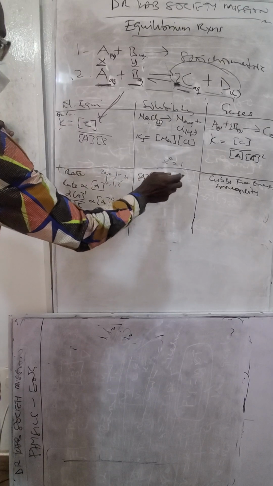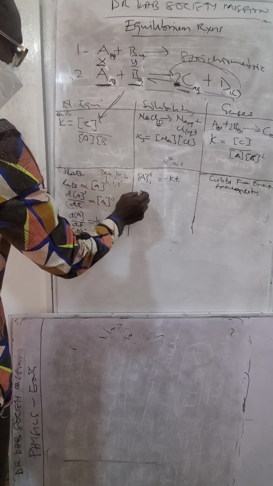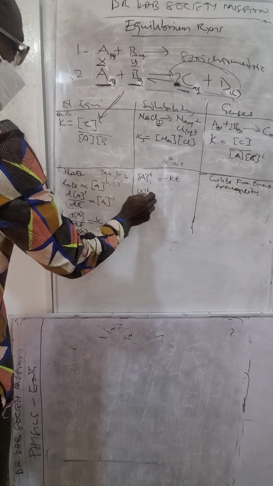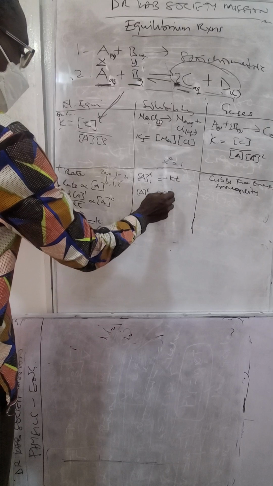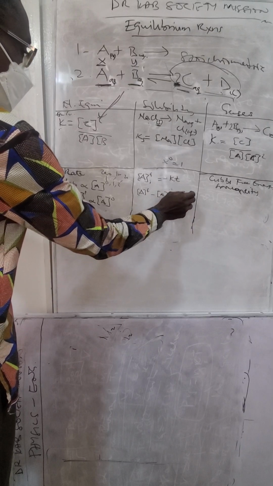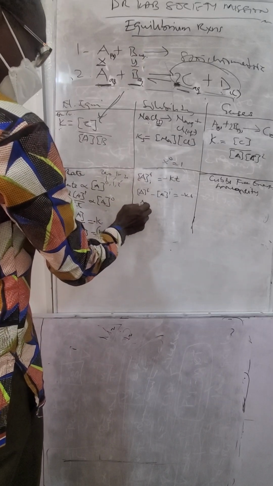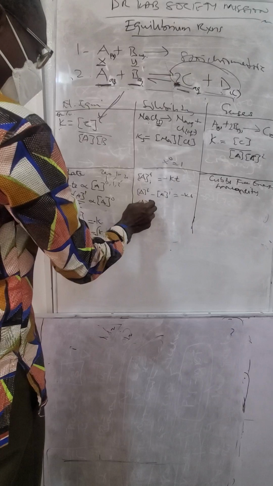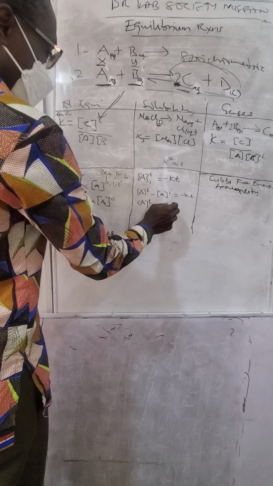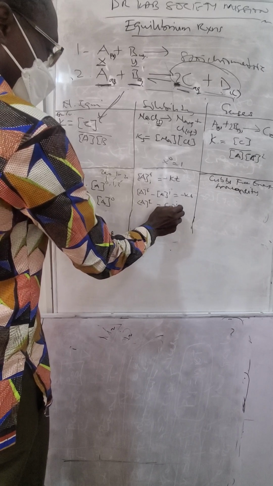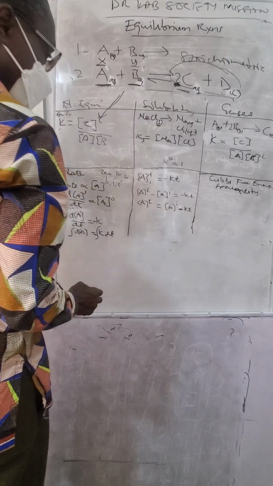So A final minus A initial is equal to minus kt. So we can say your A final is equal to A initial minus kt.